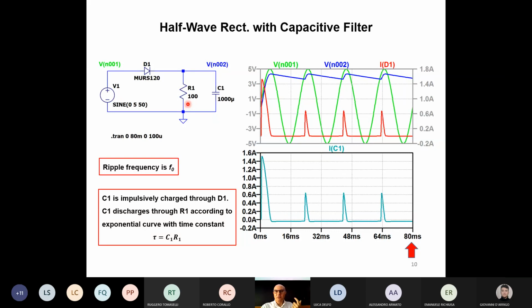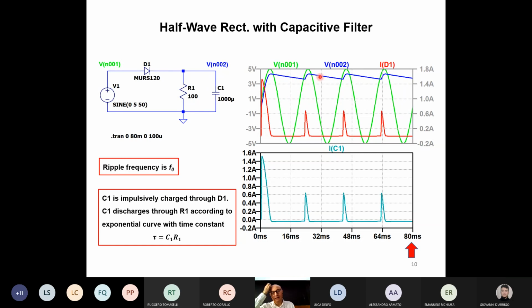This gives an abrupt, strong change between the charging time constant and the discharging time constant. The charging time constant is basically given by the dynamic resistance of the diode D1, which charges the capacitor. When the diode opens, the discharge constant is given by C1 and the resistance which the capacitor sees, that is R1. So it is much lower.